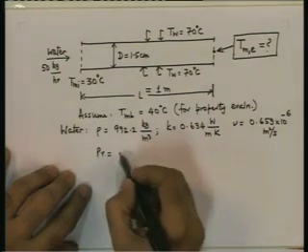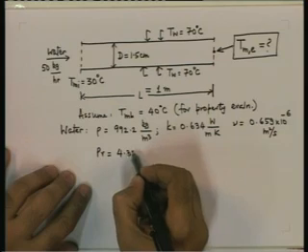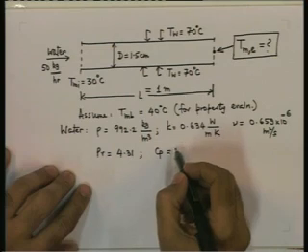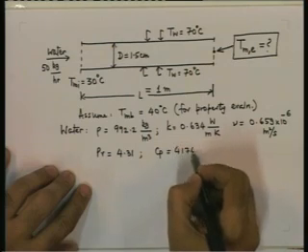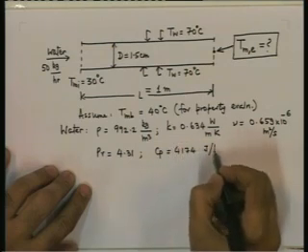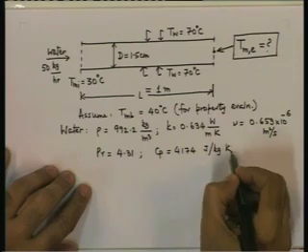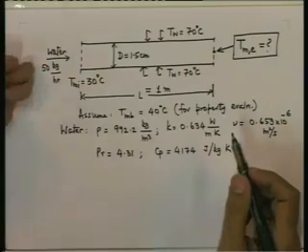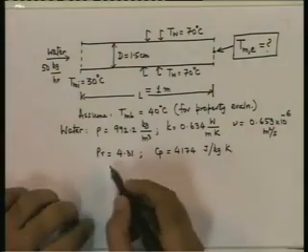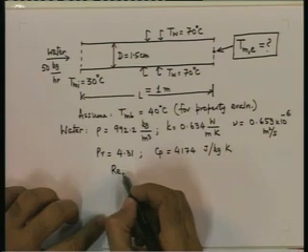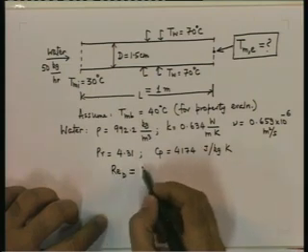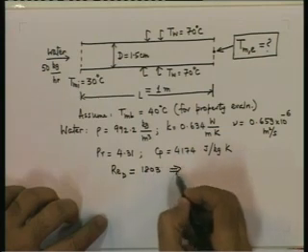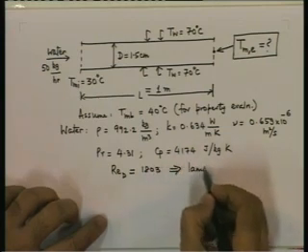Prandtl number equal to 4.31, that is dimensionless. Cp equals 4174 joules per kilogram Kelvin. We have the same flow rate, same diameter, same properties. So, the Reynolds number turns out to be 1803, which implies that the flow is laminar.